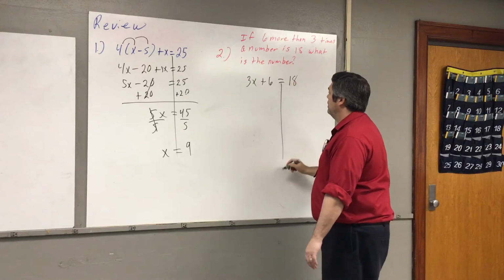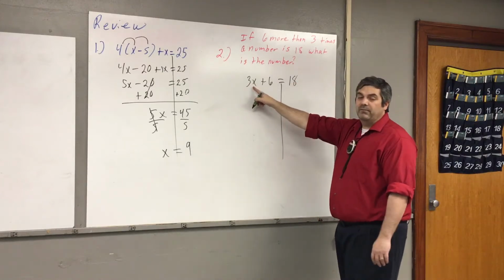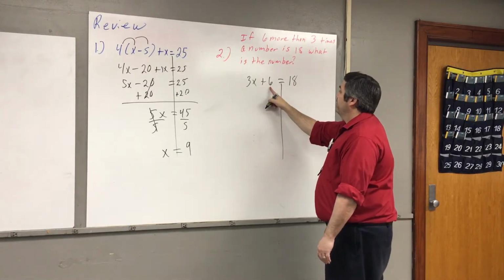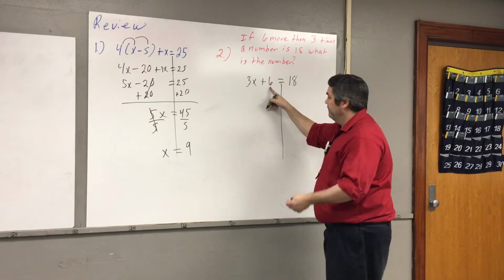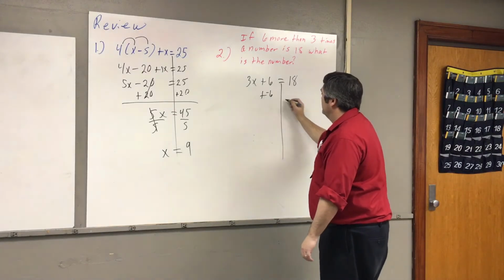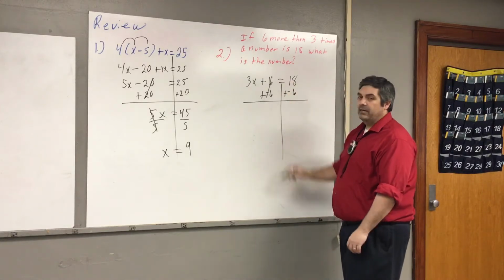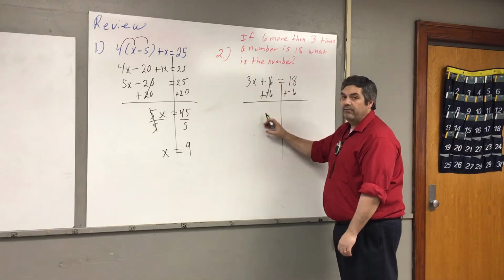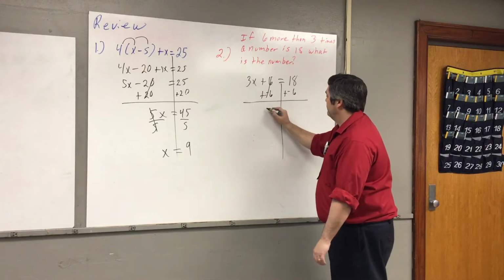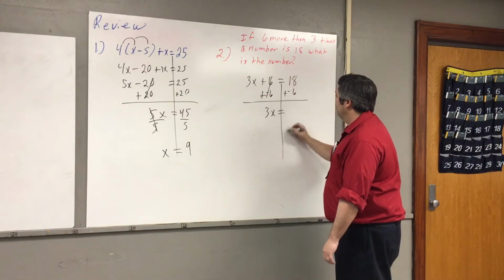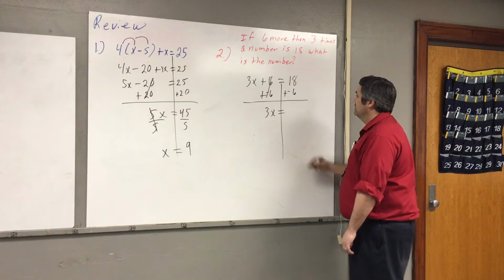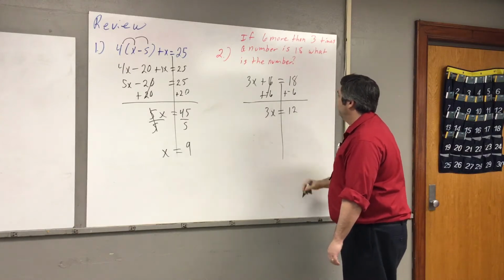All right. Draw our line. Locate our variable. Do the thing furthest away from it. Add the inverse. Add negative 6. Add negative 6. This cancels out. Bring down whatever you have left over. Well, we got 3x left over, so we're bringing that down. Equals 18 plus negative 6. 12.